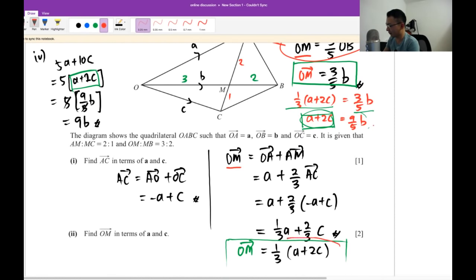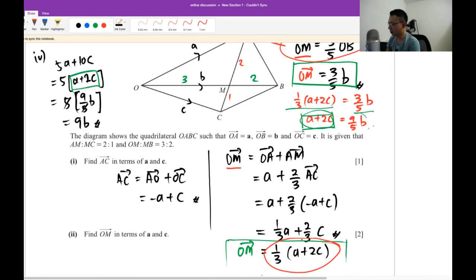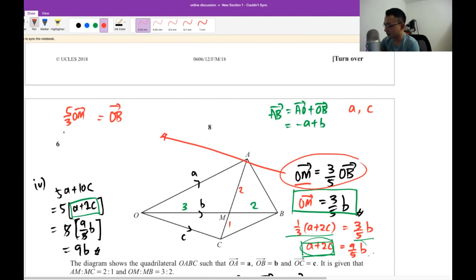This is OM. I will substitute this into it. Or you can substitute this one also, it doesn't matter, it's the same. 1 over 3A plus 2 over 3C. 5 over 3 of 1 over 3A plus 2 over 3C. This is OM, right? I'm going to substitute my OM.